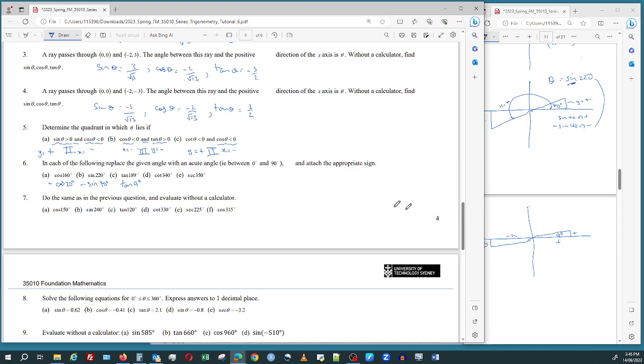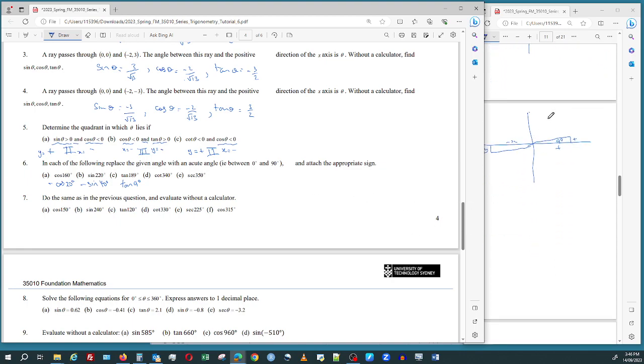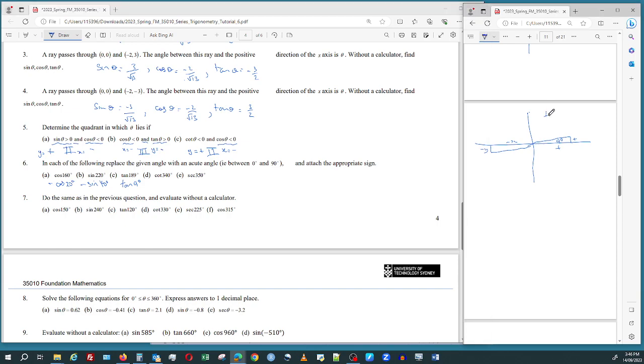Okay. Now cot 340, let's have a look at cot 340. I better just label that one. What was that? Tan 189. All the way around like that. Okay, so tan 189 and cot 340.